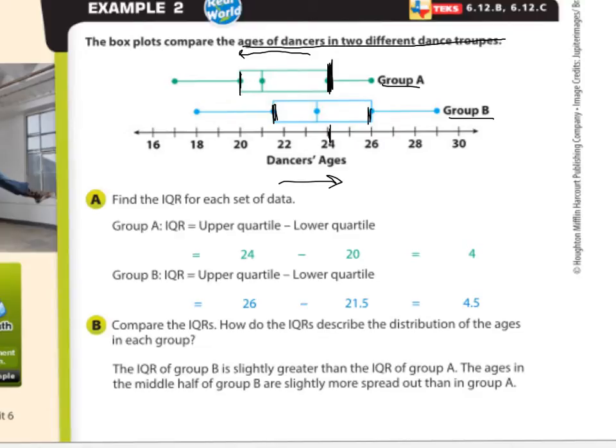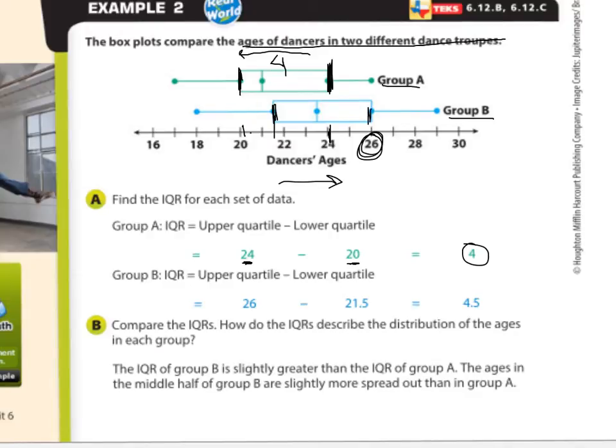And the lower quartile, the end of the box, is at 20. So when you subtract those, remember range is subtracting the biggest minus the smallest. When you subtract those, you get 4. So there's 4 years difference in those. And then let's look at Group B. The biggest number was 26, and the smallest number is 21.